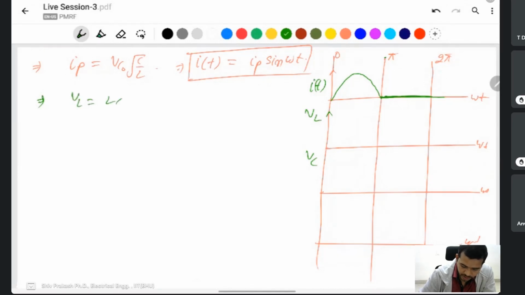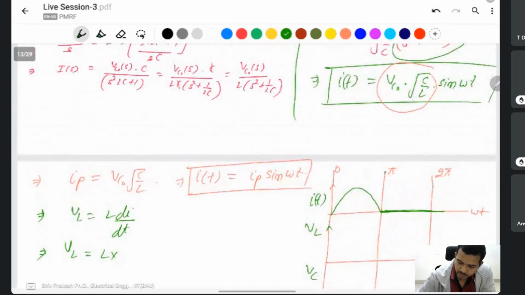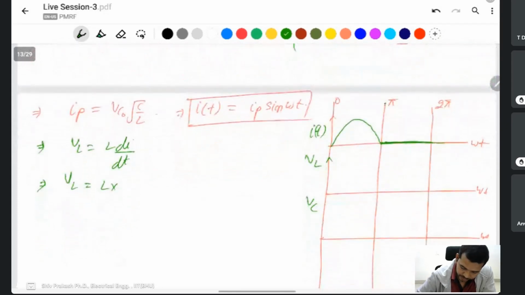VL is equal to L di by dt. Indicate this one, L into I, this one VC naught into sine omega t, means cos omega t into omega.